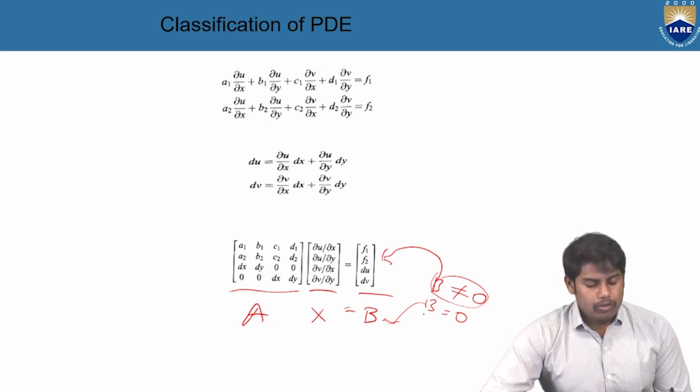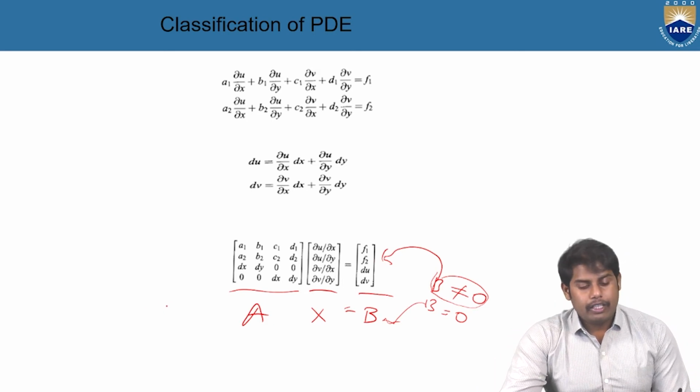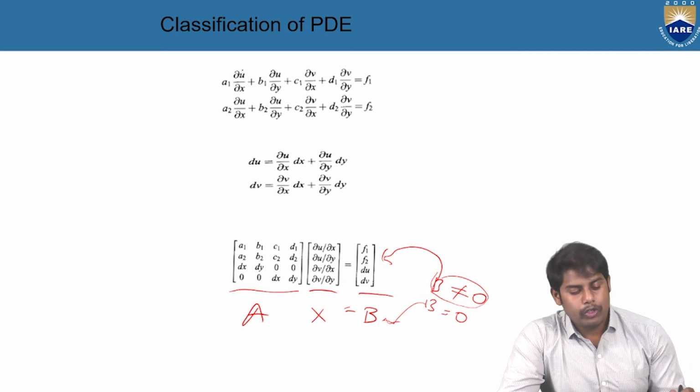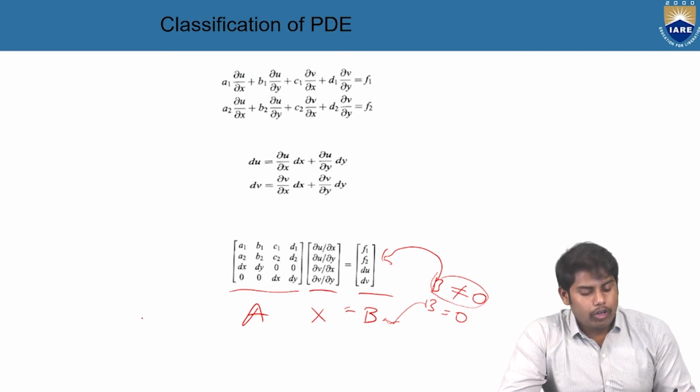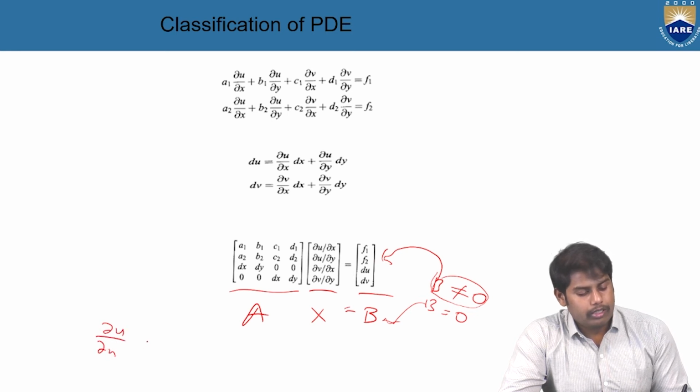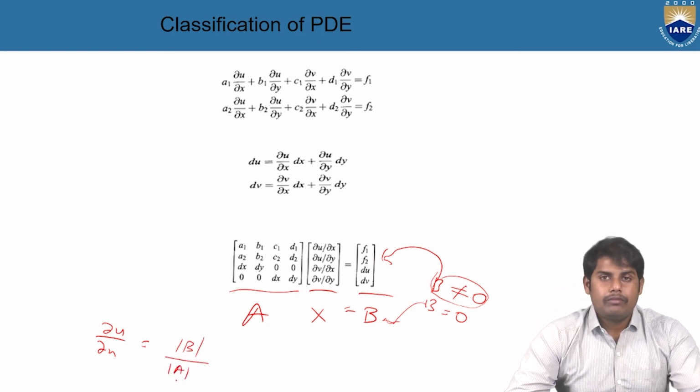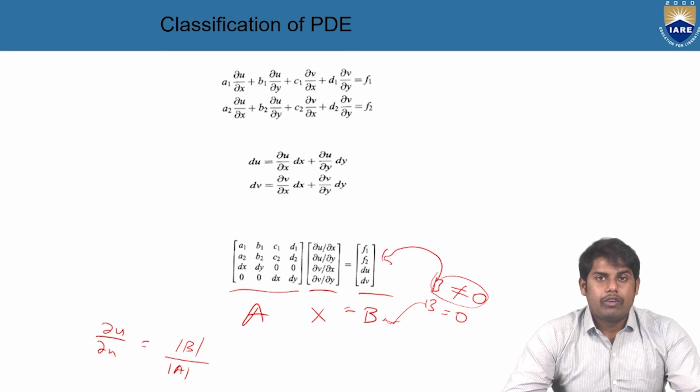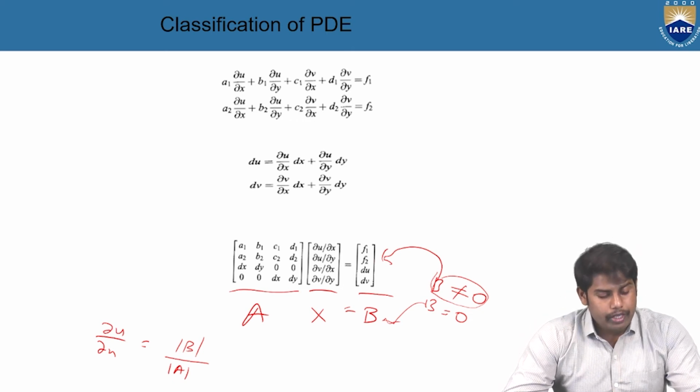Okay, so the basic thing here is how do you get ∂u/∂x. In order to get ∂u/∂x, using Cramer's rule, you have determinant of B divided by determinant of A. This is what we need to see: what is determinant of B, what is determinant of A, and how do we find it.